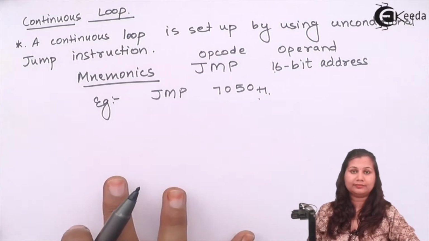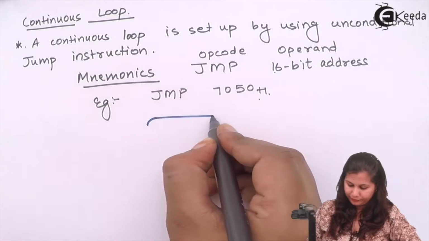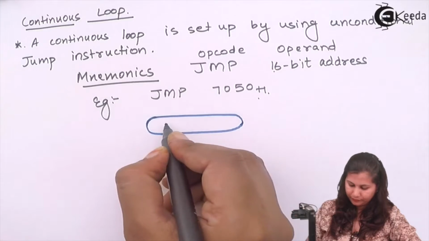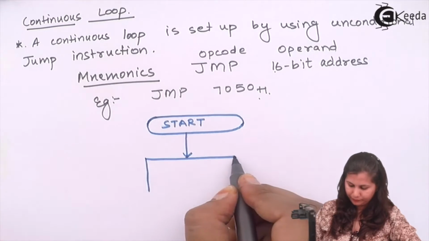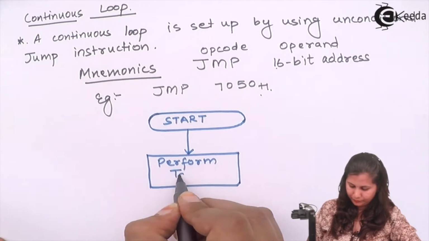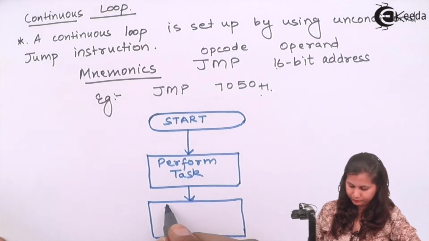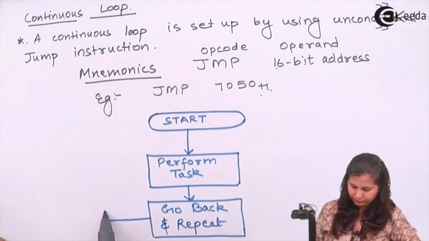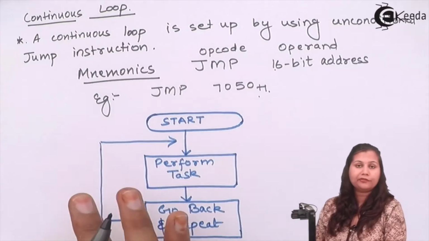Now if we draw the flow chart for this continuous loop, to see how it is running, we can have this flow chart for the continuous loop.